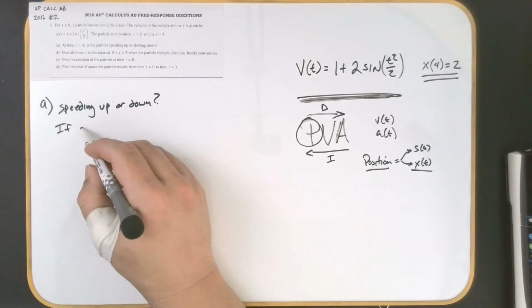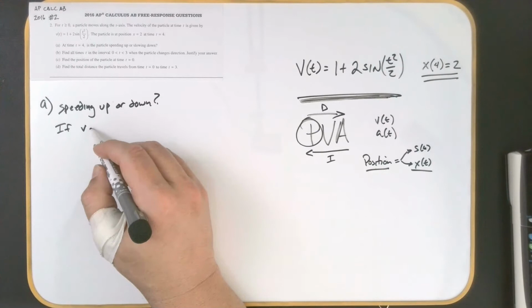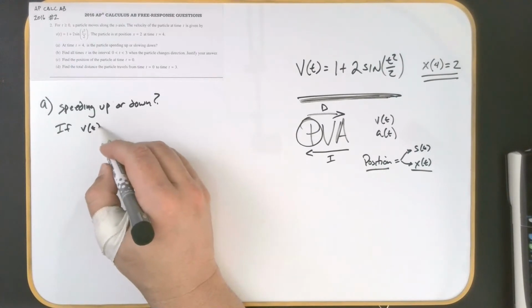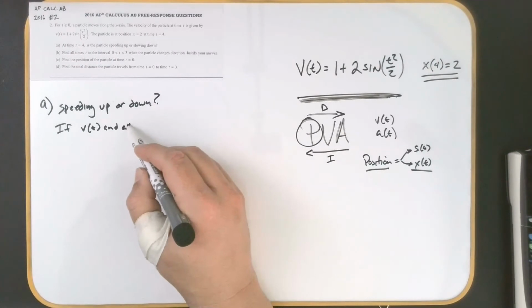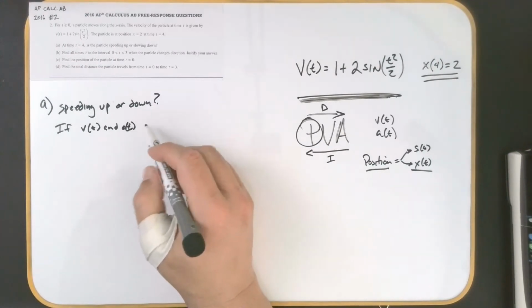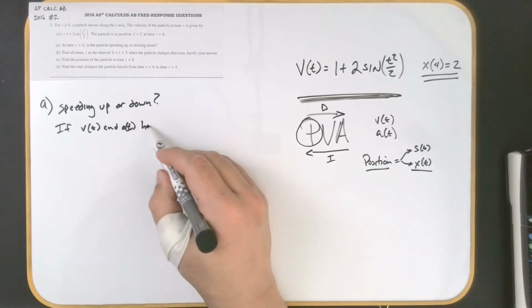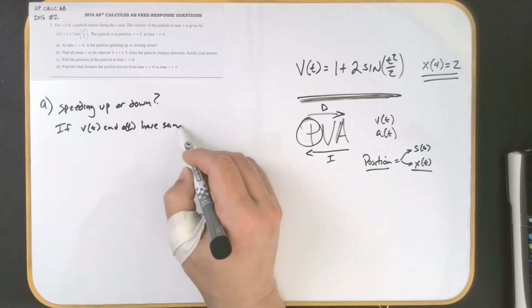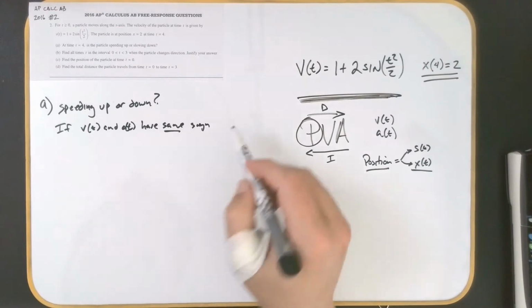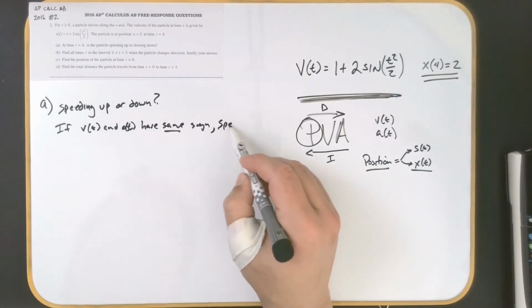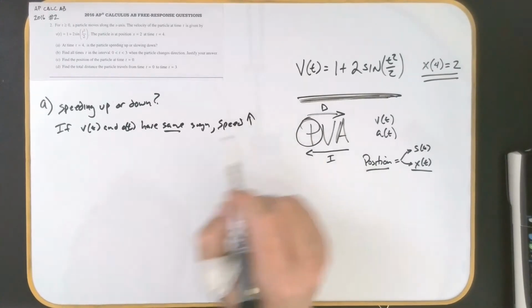If the velocity at a given time and the acceleration at a given time have the same sign, then speed is increasing.